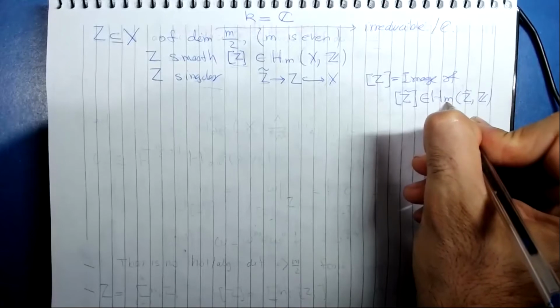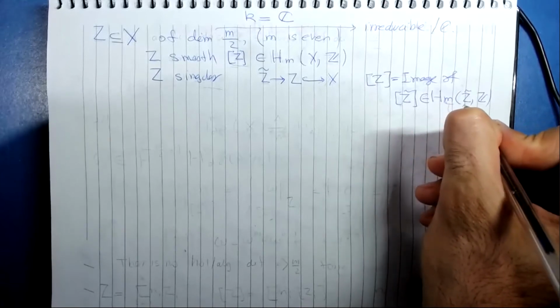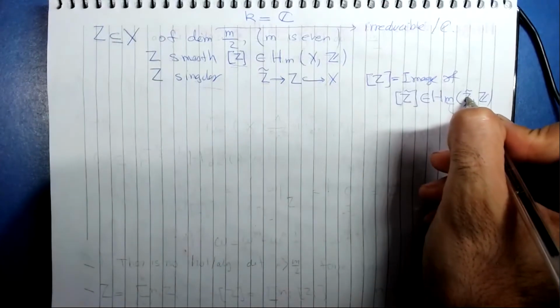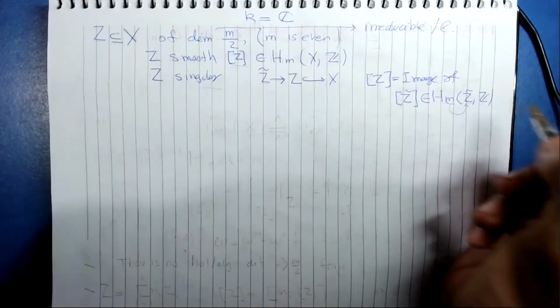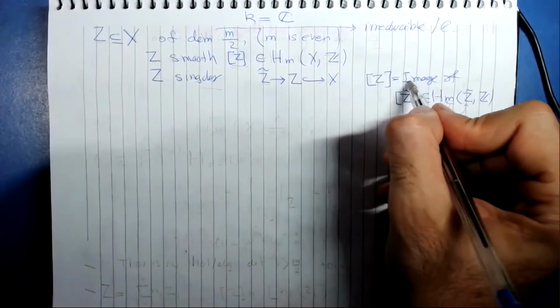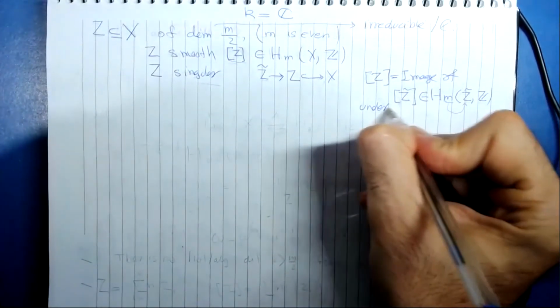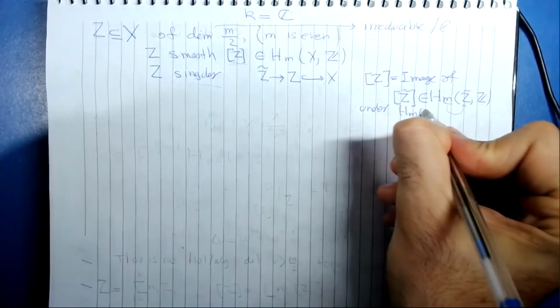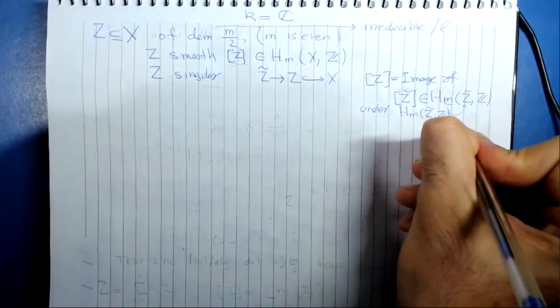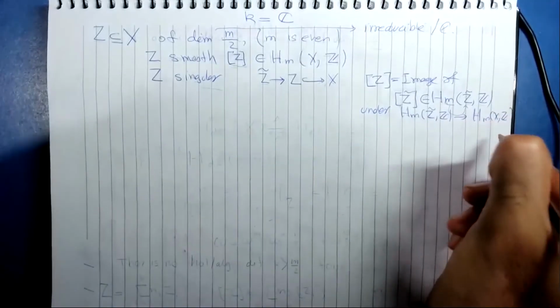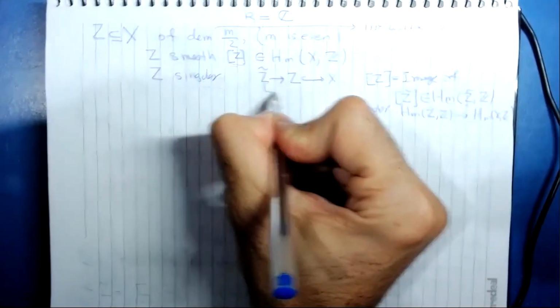Remember that this is now the top homology of Z tilde, and there is no more for Z tilde above this one. And so this will be the image of this class under the map H_m(Z tilde, Z) to H_m(X, Z), which is obtained by this map here.